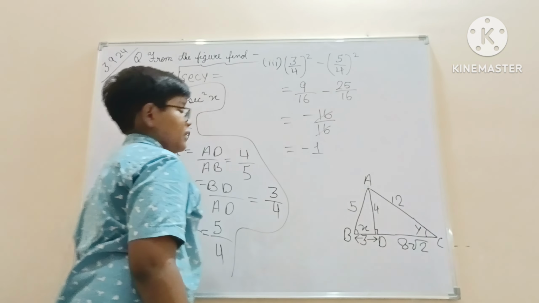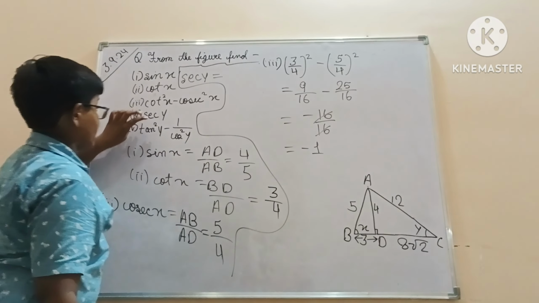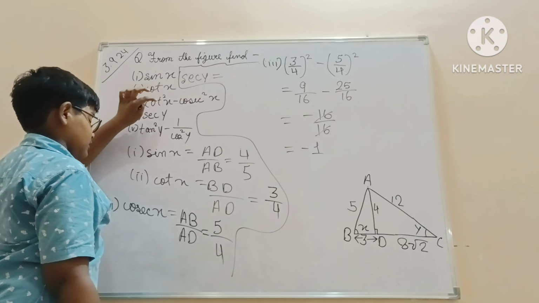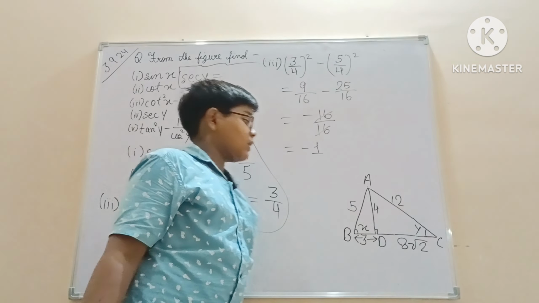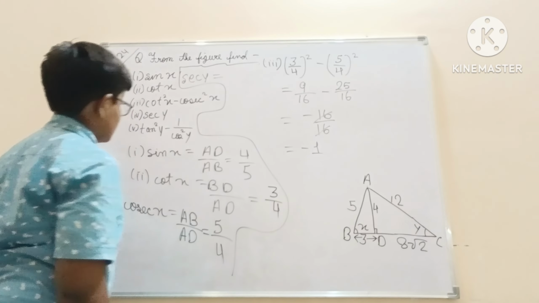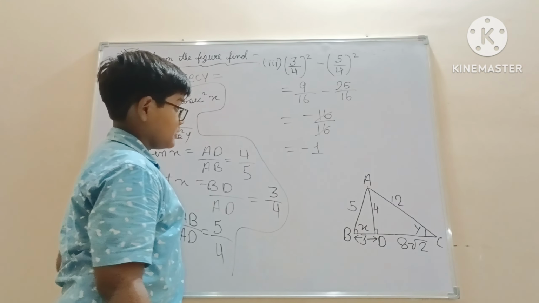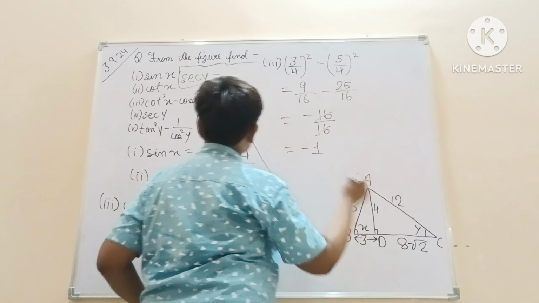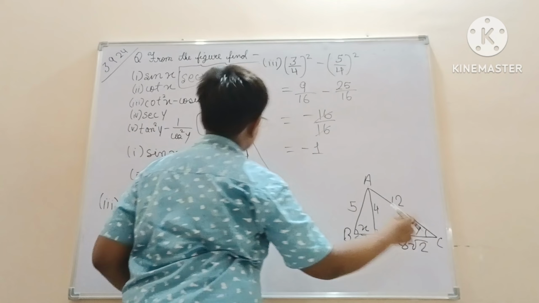For sec, this triangle will be considered, as the variable written here is y and this is also y, the acute angle. So the formula of sec is hypotenuse divided by base. The hypotenuse of this triangle is AC and the base of this triangle is DC.